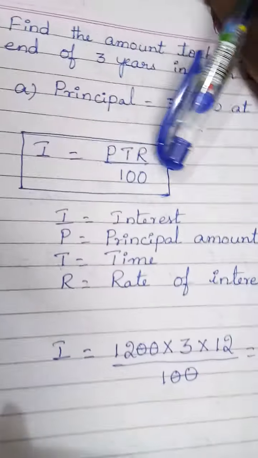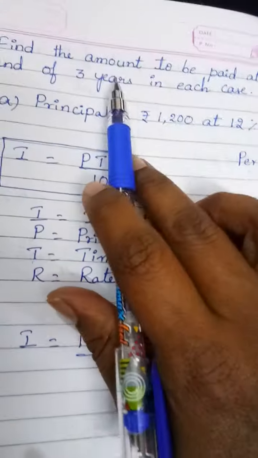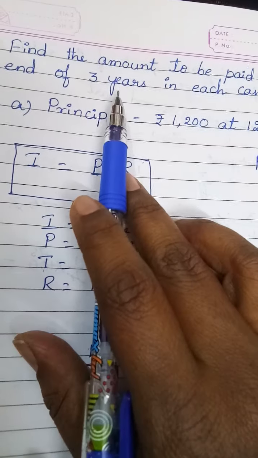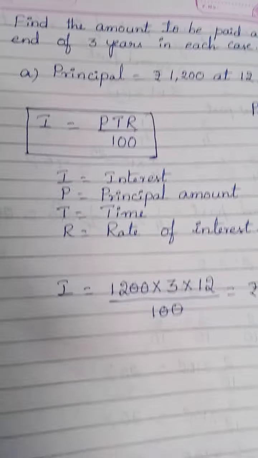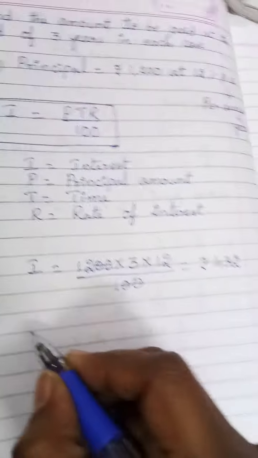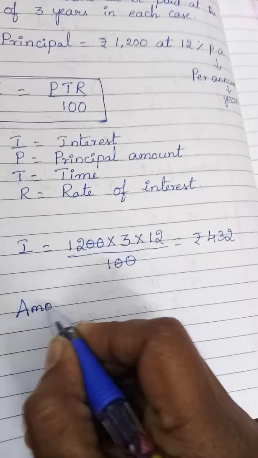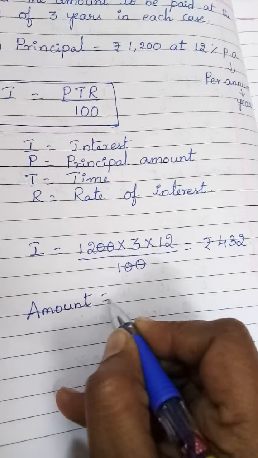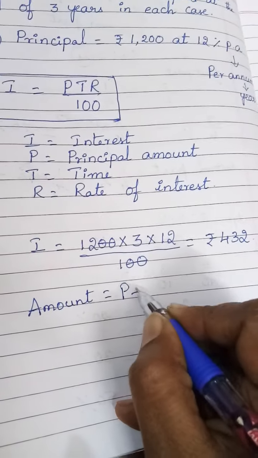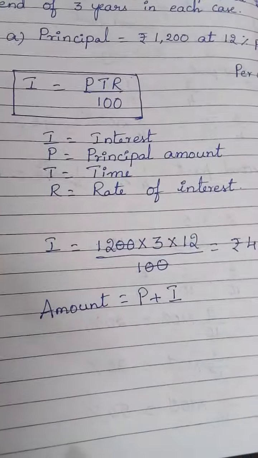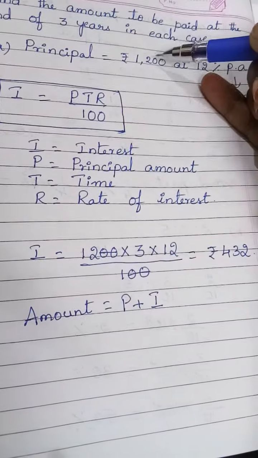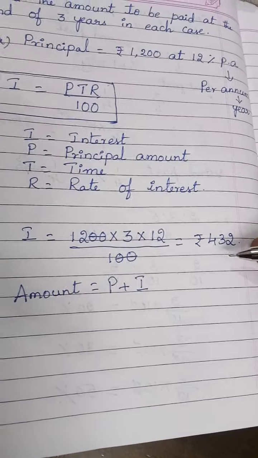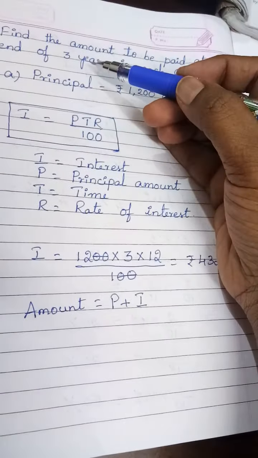So what is the question? Find the amount to be paid at the end of 3 years. So we need to find out how much we need to pay at the end of 3 years. So amount is equal to principal amount plus interest. The amount we have taken and the interest together we have to pay at the end of the 3 years.